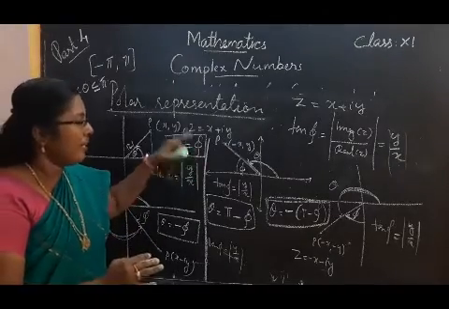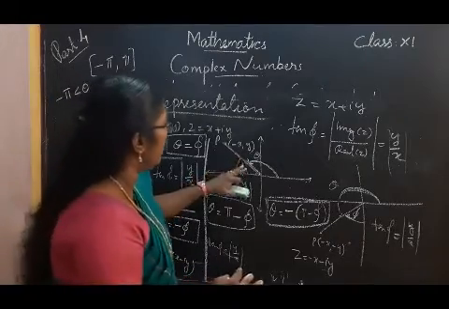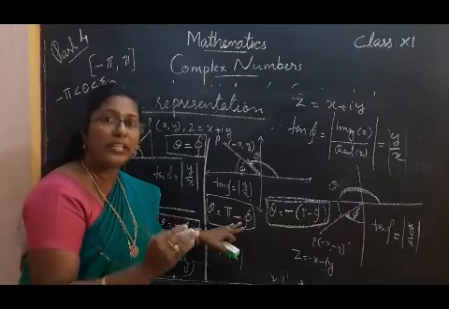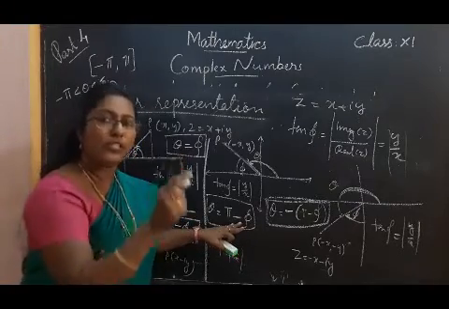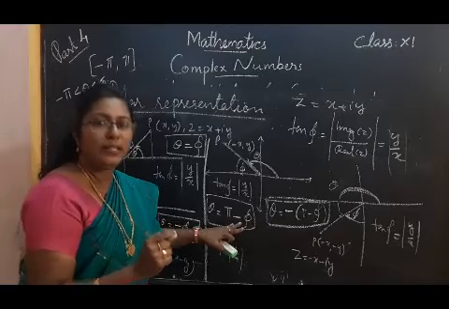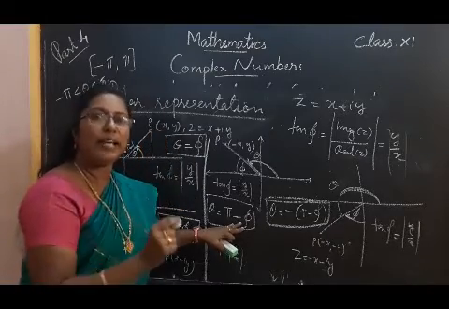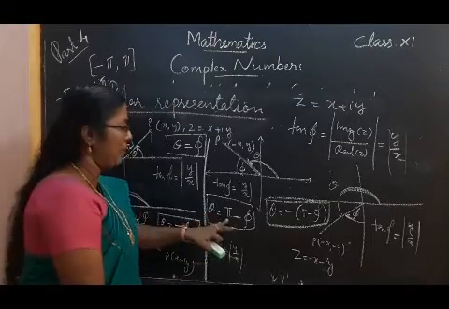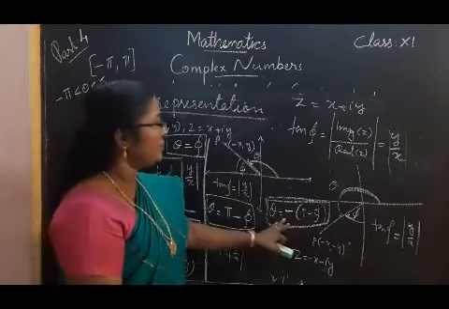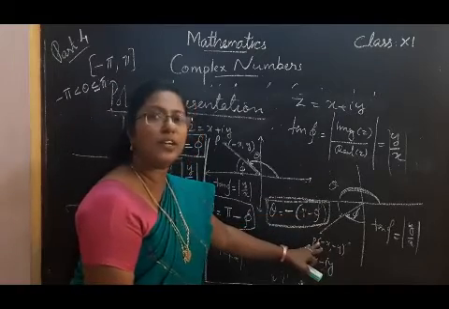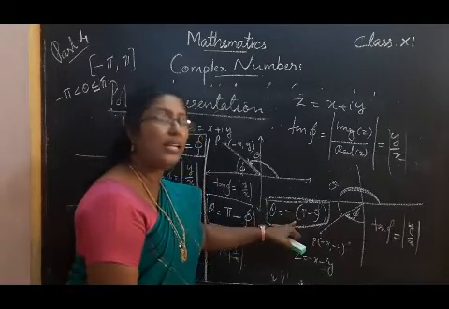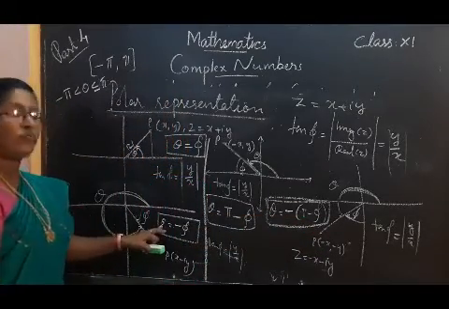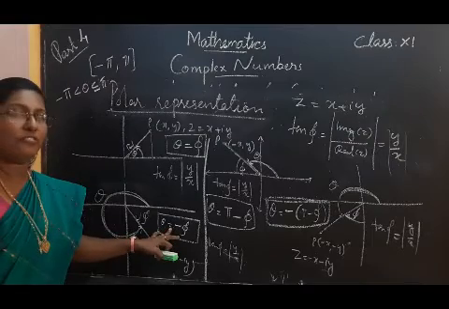In the second quadrant, theta is pi minus phi, where tan phi equals modulus of y by x, or imaginary by real. In the third quadrant, theta is minus of pi minus phi. In the fourth quadrant, theta equals minus phi. Clear?